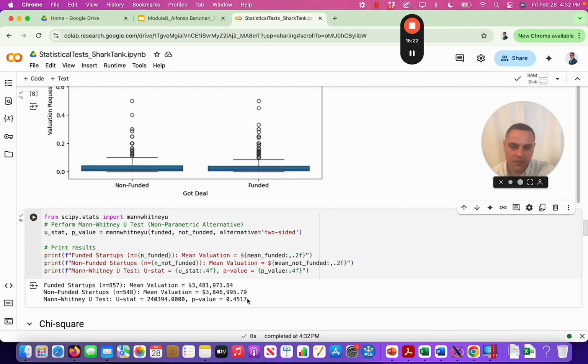In this case, we would still not reject the null hypothesis that there's no difference between the average valuation for funded startups versus non-funded startups. So that's working with two groups, right? And we have that dependent numeric variable, which in this case was the valuation.